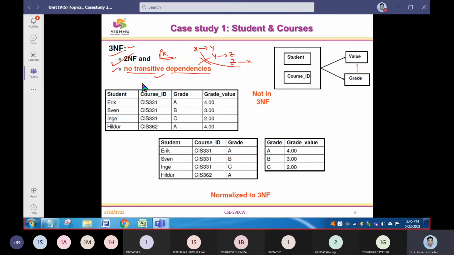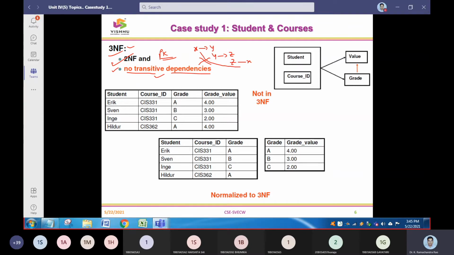Remember students, you are doing mini projects, and if you are doing full stack development, or a two-tier application with a front end in HTML, CSS and a back end with any database, the maximum you can do is third normal form, not more than that.